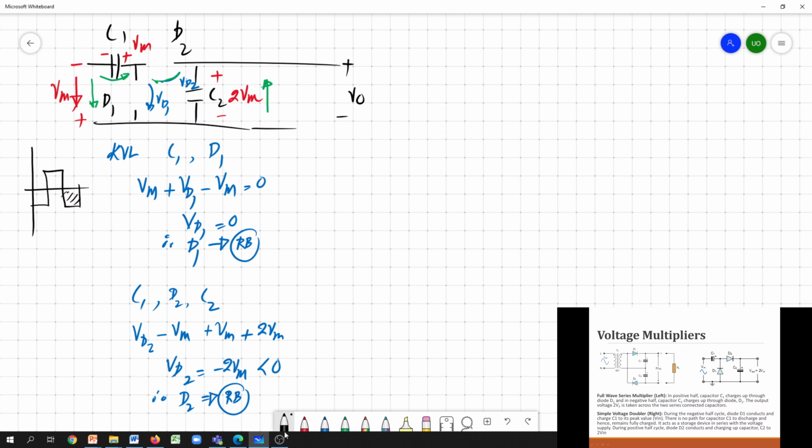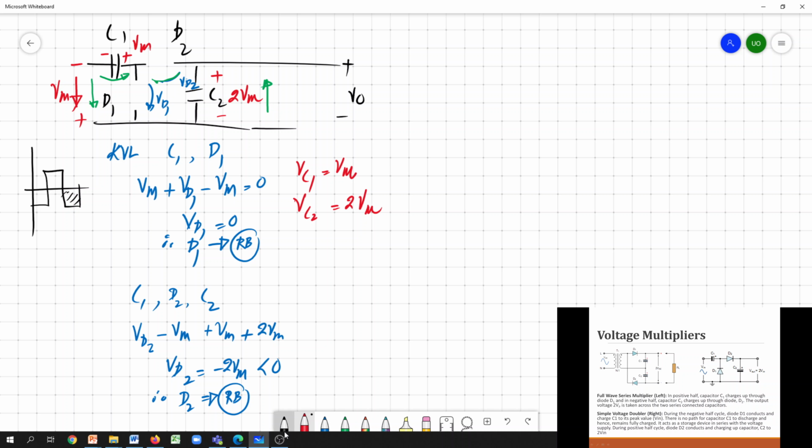So what happens to the circuit? Nothing will happen to this C1 and C2. So basically VC1 is still at Vm, VC2 is still at 2Vm. Okay.